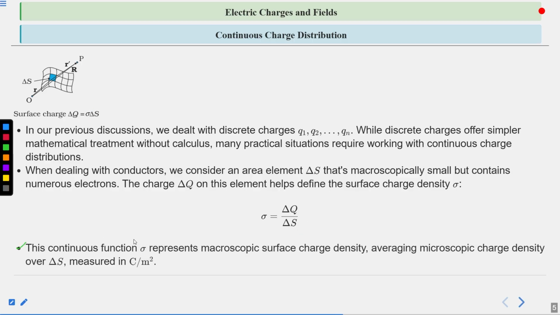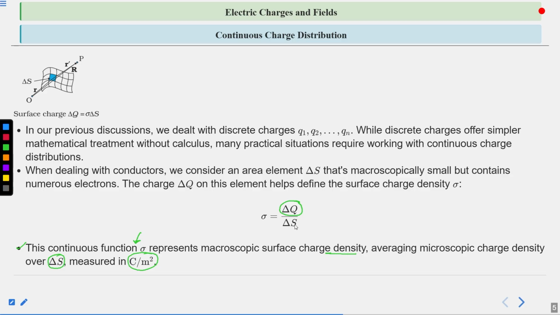This continuous function sigma represents macroscopic surface charge density, averaging microscopic charge density over delta S, measured in coulomb per meter square. How can we calculate it? There is a charge, and the unit of charge is coulomb. And delta S is the area element.